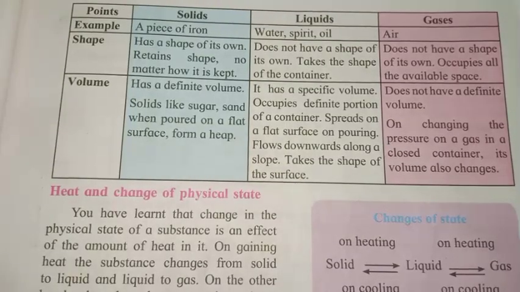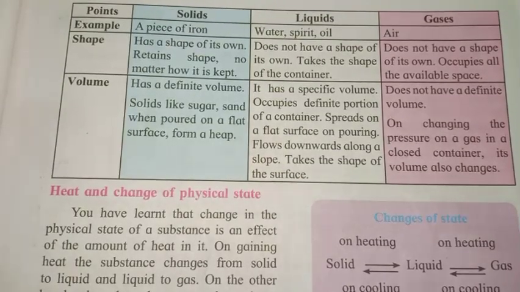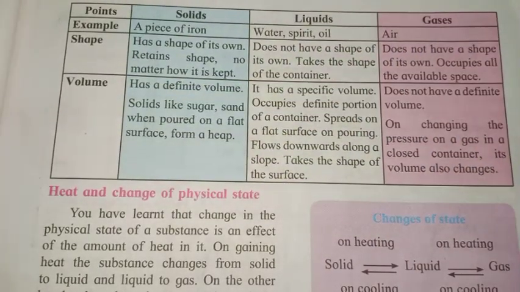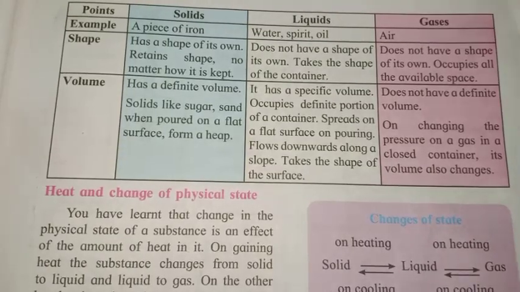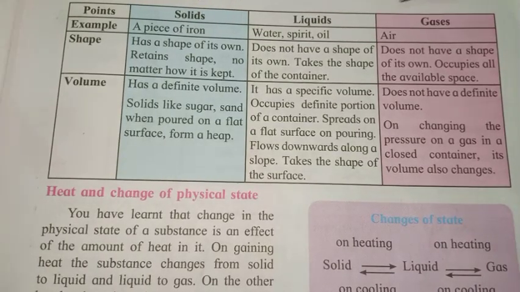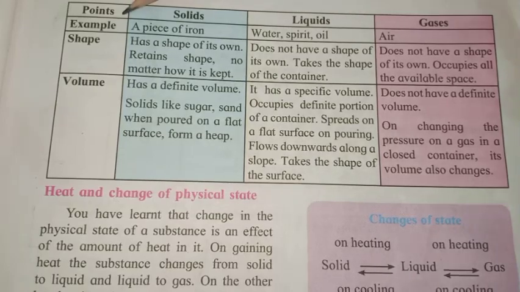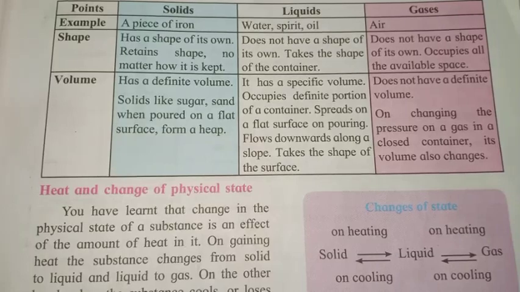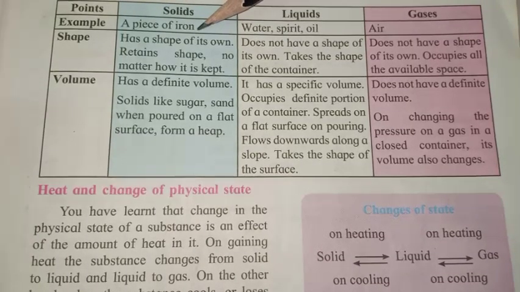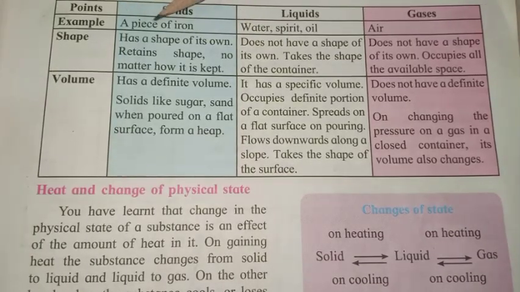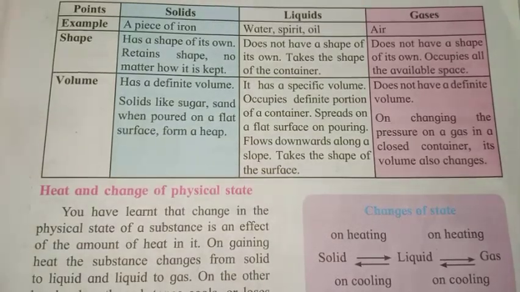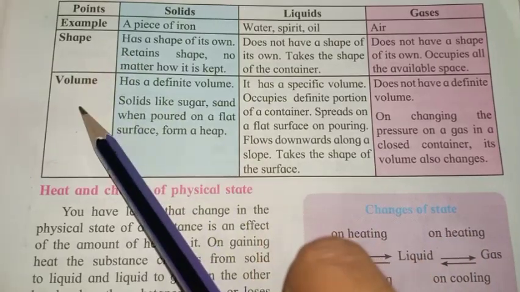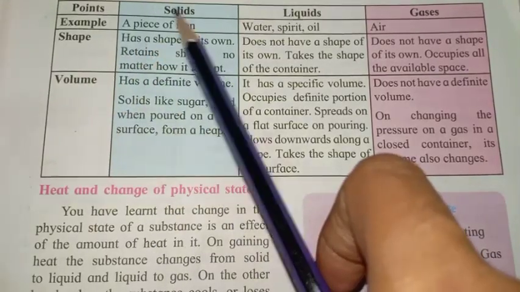Now on the next page, page number 33 of your textbook, one chart is given. See what is written in this chart. A few points are given like solid, liquid and gaseous. Examples of all three states of substances are given here. First one, solid, example is a piece of iron. Based on state of substance, its shape and volume are given.